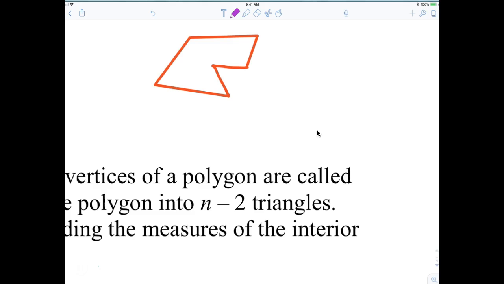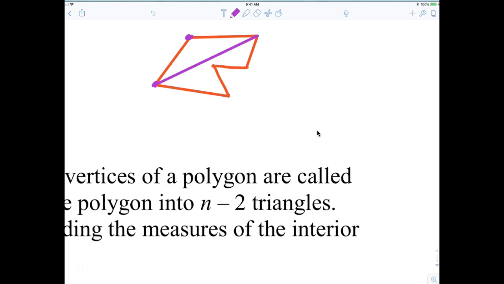So what does that mean? This is a vertex, that's a vertex. If I draw that, that is not a diagonal because those are consecutive vertices, which would create a side. If I draw from here to here, that is considered a diagonal, because it was drawn from two non-consecutive vertices.